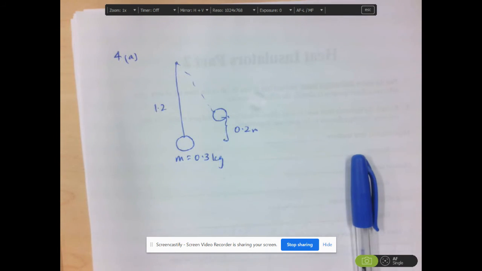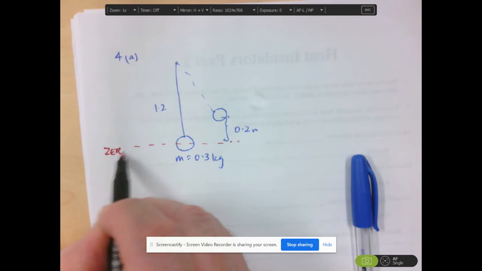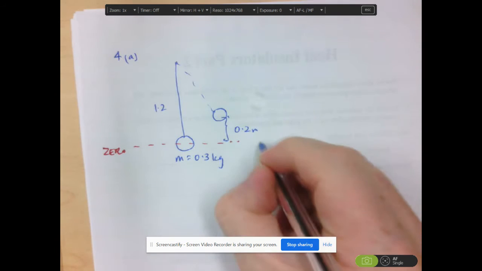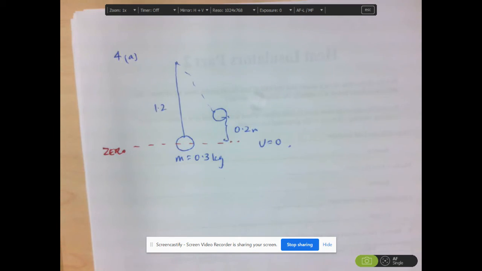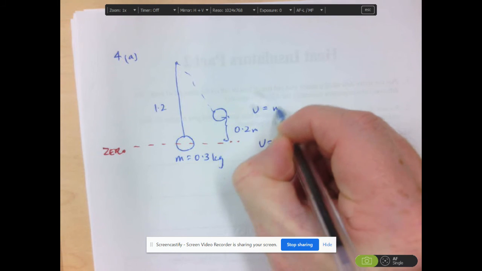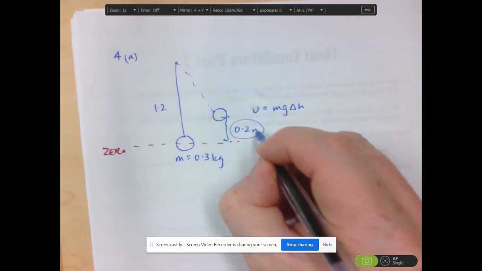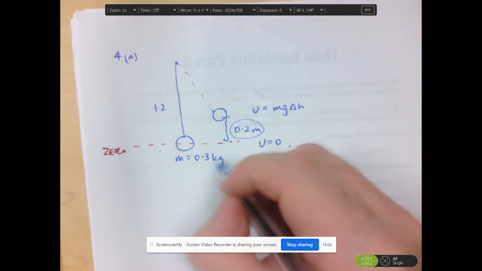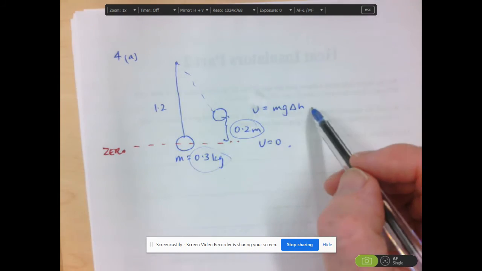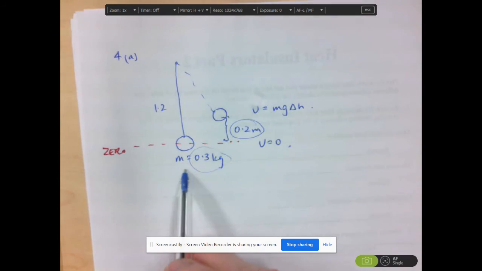Once again, we're going to set this here as the 0 reference line. And that means at that point there, we can consider U to equal 0. At this point up here, U can equal something else. U equals mg delta H, and delta H is 0.2 meters. We know m is that. So have a go yourself to calculate the potential energy of the pendulum at the top and then at its equilibrium point.